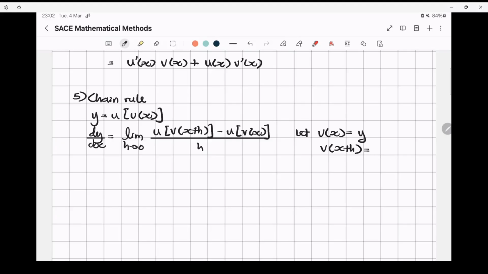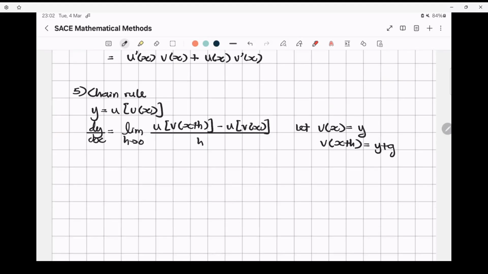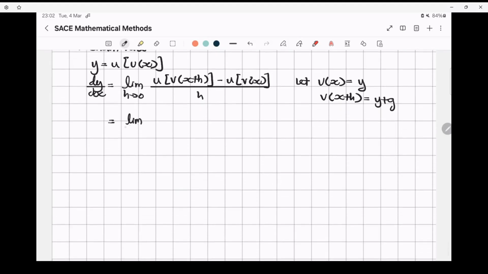So if we assume this, we successfully change this into a multiplication, whereby this is your u(y+g) minus u(y) divided by, so over here h I changed to something else.